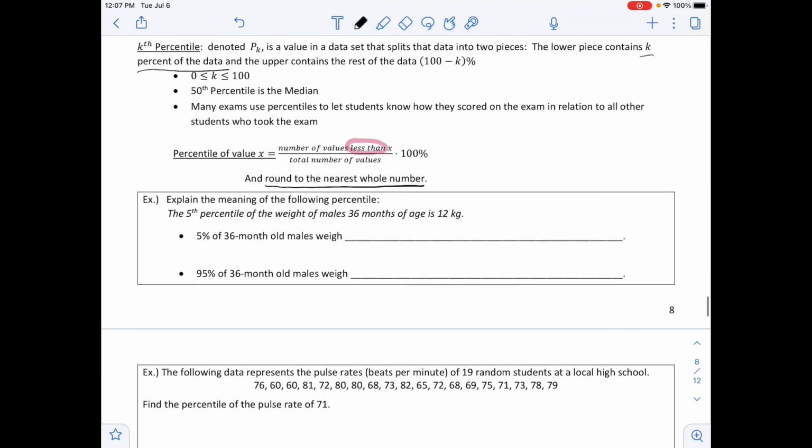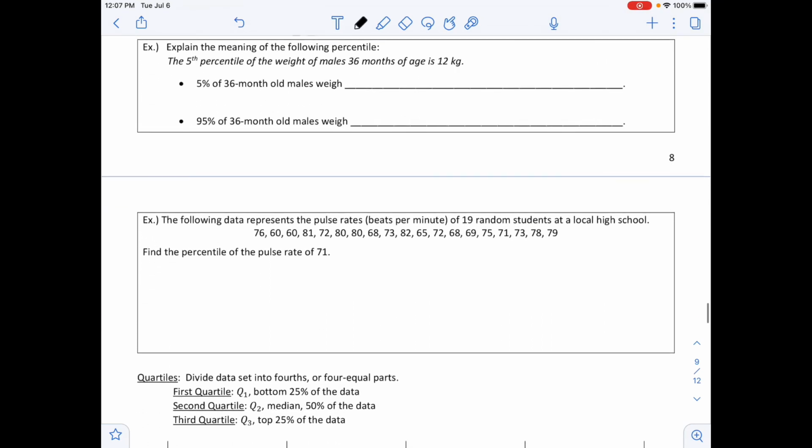The example right below this says, explain the meaning of the following percentile. The 5th percentile of the weight of males 36 months of age is 12 kilograms. This means that 5%, because it is the 5th percentile, of 36-month-old males weigh less than 12 kilograms.